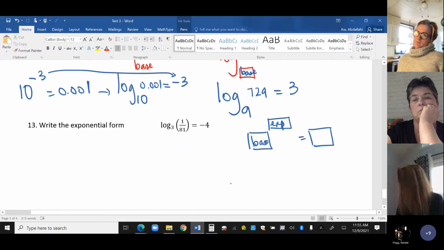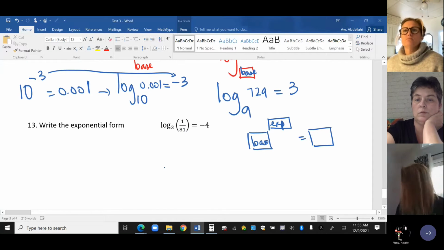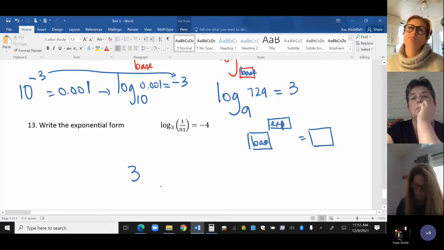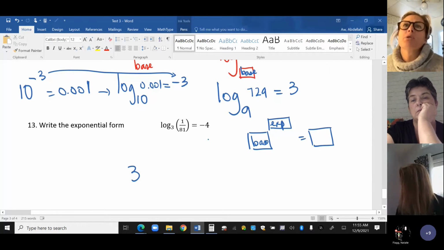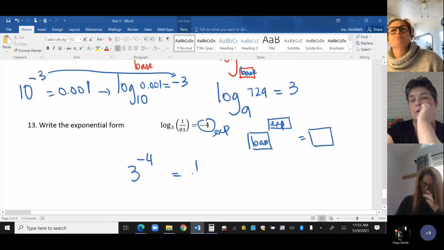What is the base here? Without doubt, 3. What is the exponent? Negative 4. Always a number by itself, this one is always the exponent. Equal to what? 1 over 81, right?